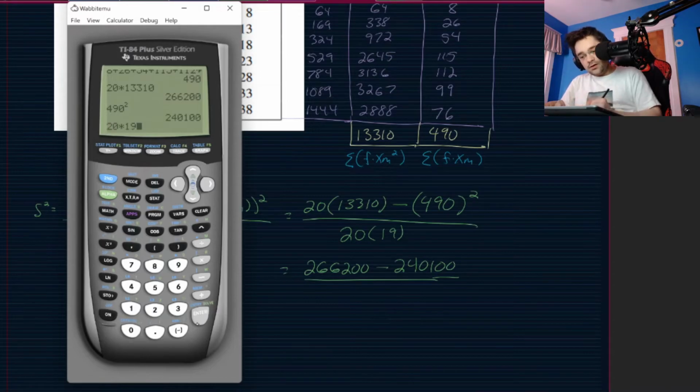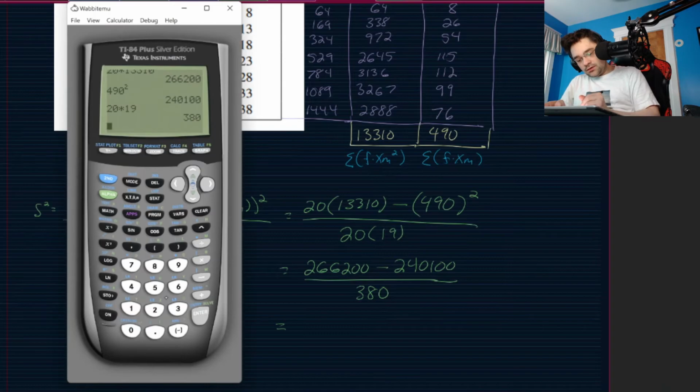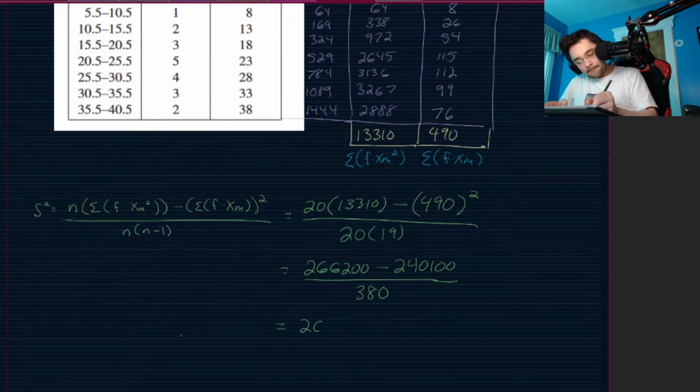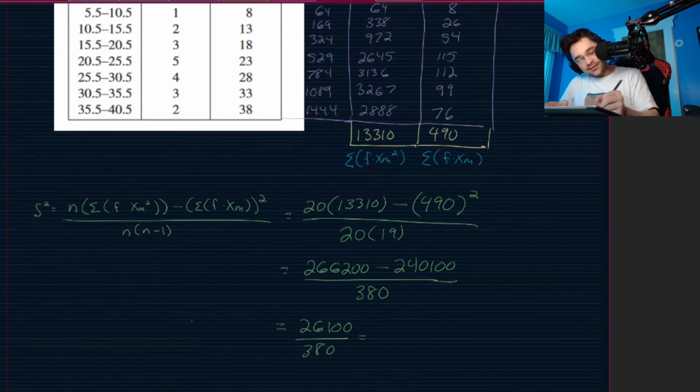Or else you might have some issues with these calculations coming out wrong. So we got to do the numerator first. 266,200 minus 240,100. It's 26,100. And this is divided by 380. Which is finally 68.68.